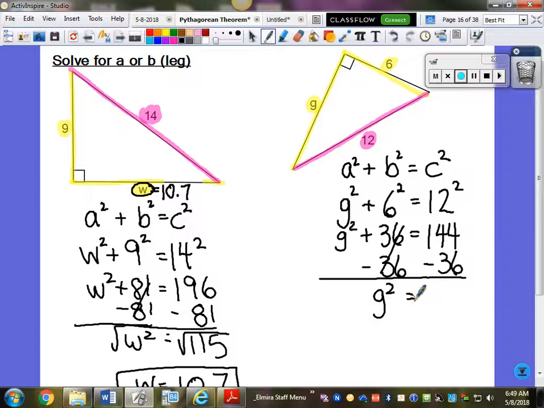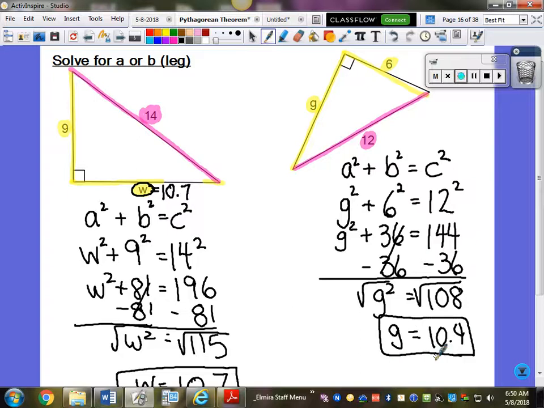So 144 minus 36 is 108. Square root of 108, 10.4. So in this diagram, we've got 10.4. And compared to the numbers 6 and 12, that's a reasonable answer.